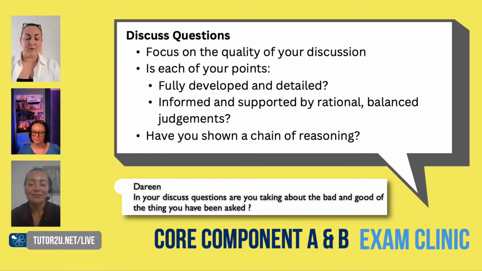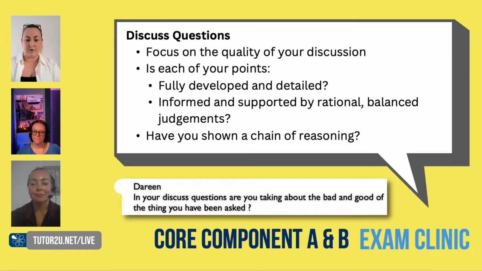So when we're talking about the language that's being used as well, somebody had asked about how we can incorporate a higher standard of language. So instead of saying bad and good, thinking about an advantage of this could be a disadvantage or a benefit or a limitation or a strength or a weakness. So you would be doing that, but it depends on what the topic of the question is.